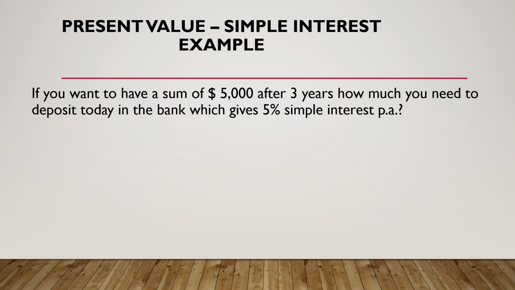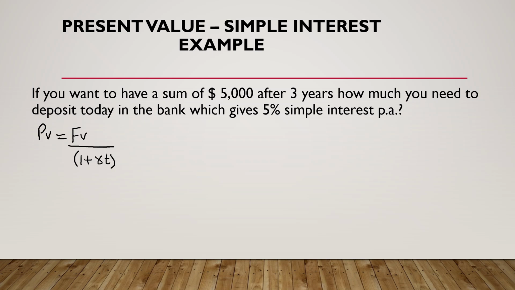First thing, we have to write the formula for present value. The formula is: present value, which is PV, is equal to future value divided by 1 plus RT.